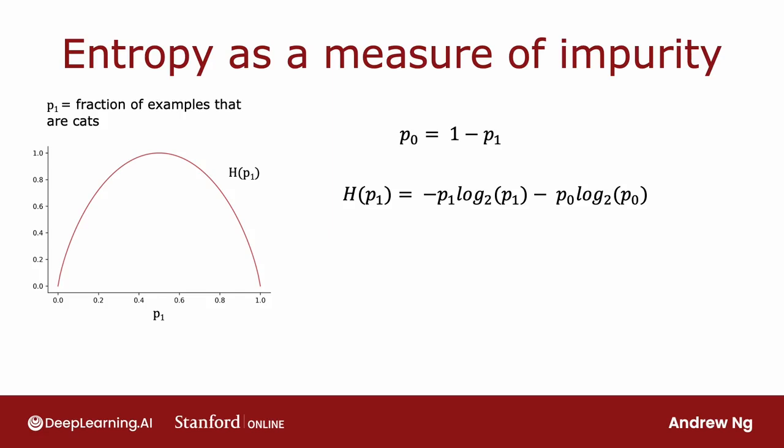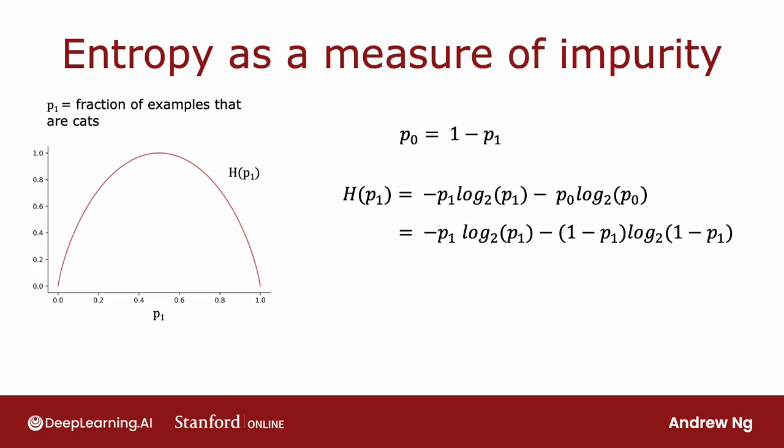And by convention, when computing entropy, we take logs to base 2 rather than to base e. And then minus P0 log base 2 of P0. Alternatively, this is also equal to negative P1 log P1 minus (1 minus P1) log (1 minus P1).